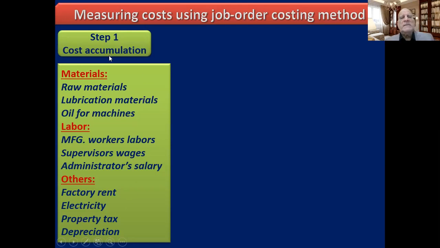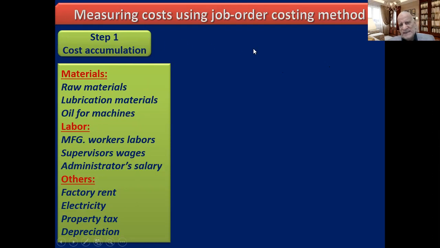After finishing step number 1, we have now accumulated the manufacturing costs classified into 3 groups, as you see. The second step is to assign these accumulated costs to the job orders where they were used.